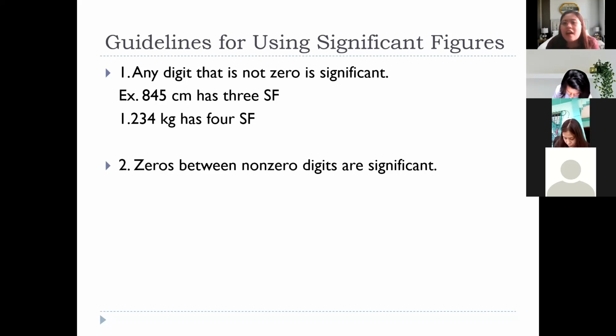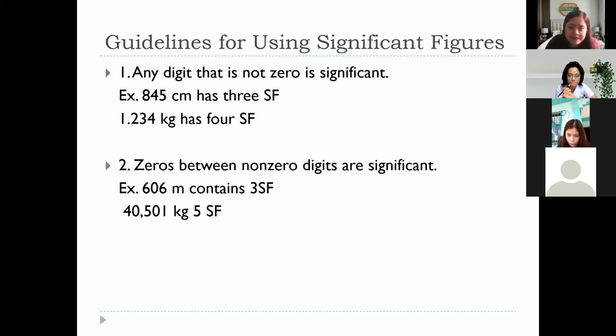You know this, they are significant. The in-between zeros, the zeros found between non-zero digits, like in the example 606, the 0 is found in between the 6 and 6, so the 0 here is considered significant. All in all, we have 3 significant figures here.